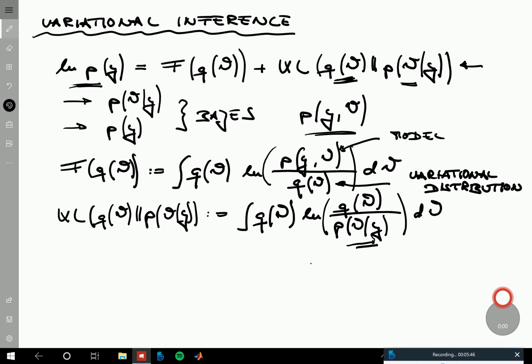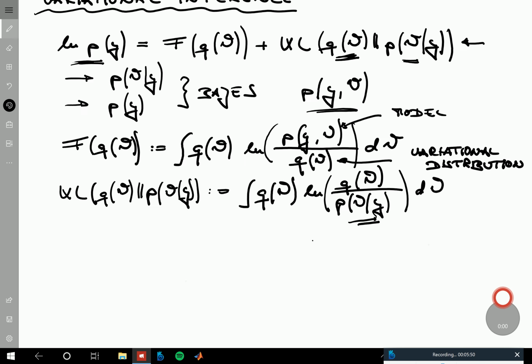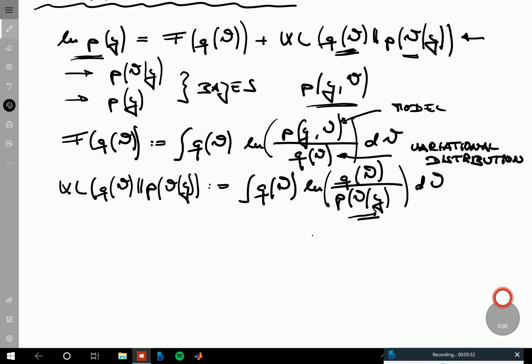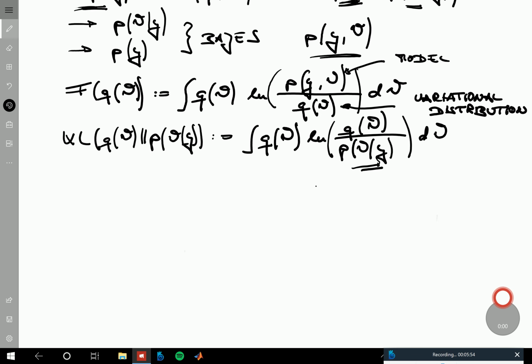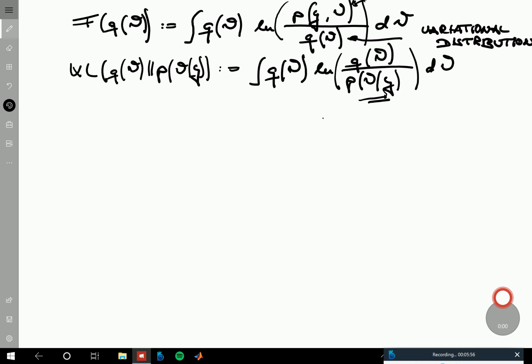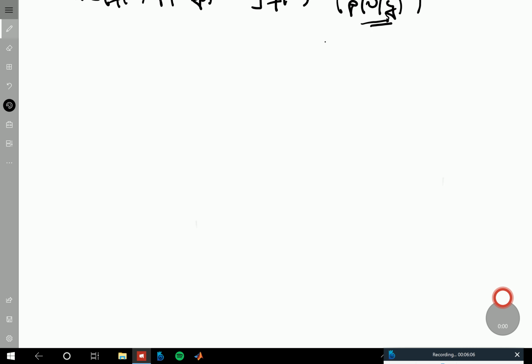So if this is somehow all clear, at least to the degree it can get clear because it's fairly general, then the aim today is to look a little bit into two basic forms of doing variational inference, which then make things more concrete.